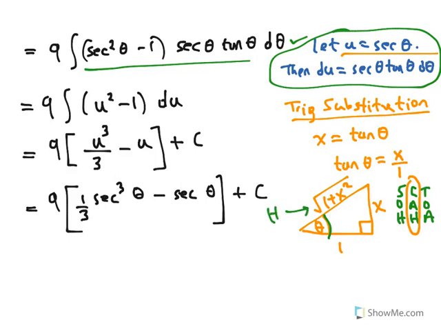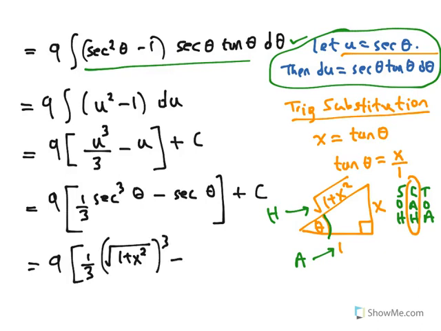This is the hypotenuse, and this would be the length of the adjacent side. So now we're able to write 9 times 1/3 times secant of theta is the square root of 1 plus x squared. And then we're going to go ahead and cube that, minus secant of theta, which is the square root of 1 plus x squared, plus our constant of integration.